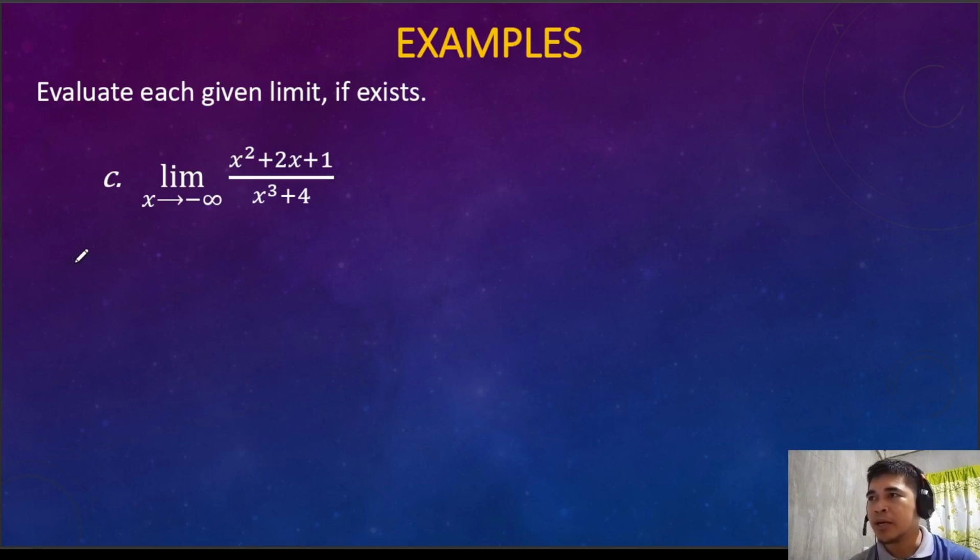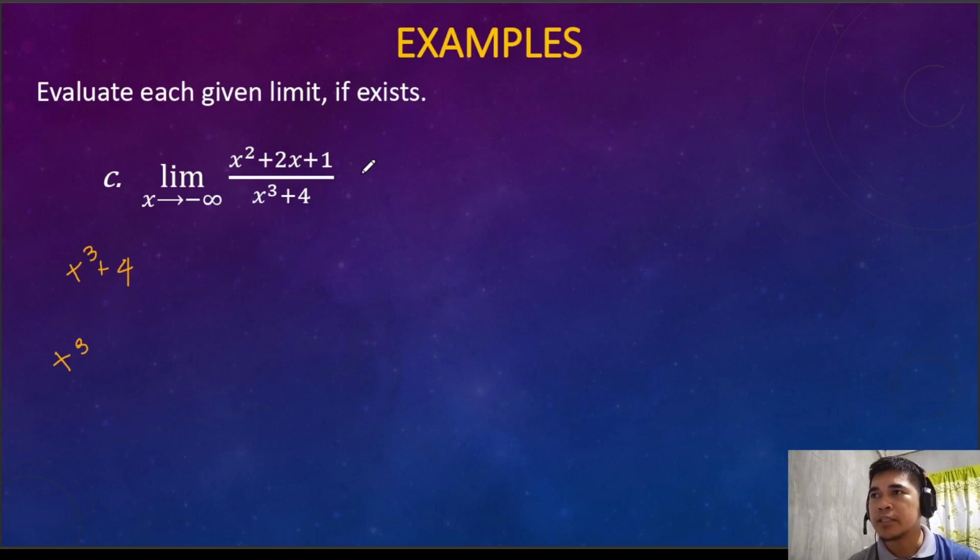So the denominator here is x cubed plus 4, right? And we divide the numerator and denominator by x, where the exponent depends on the degree of the polynomial in the denominator. It happens that the degree is 3. So we have x cubed.